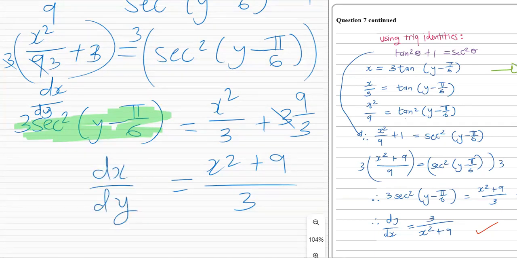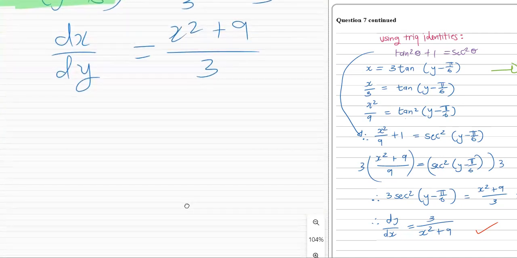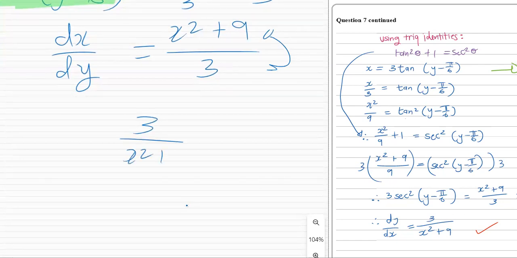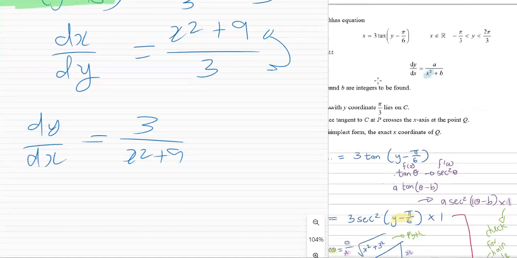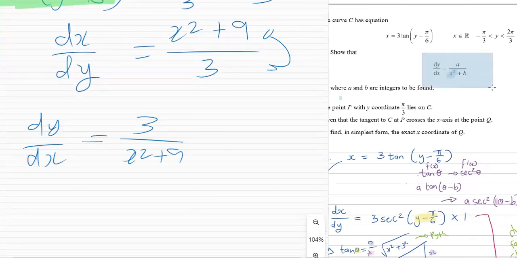And last step, you can just flip it around because the question asked for dy/dx. So flip this around, get 3 over x squared plus 9 as dy/dx in terms of x, which is what we needed for the question. Okay, so that's the other way we could have approached this question. Good.